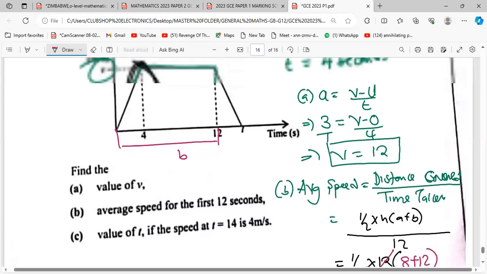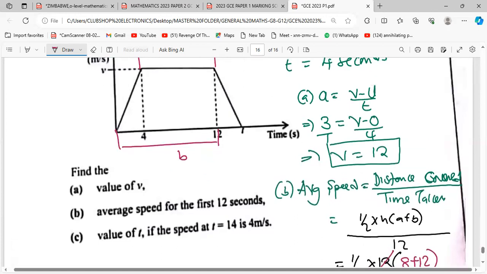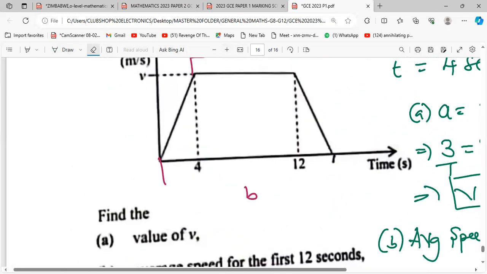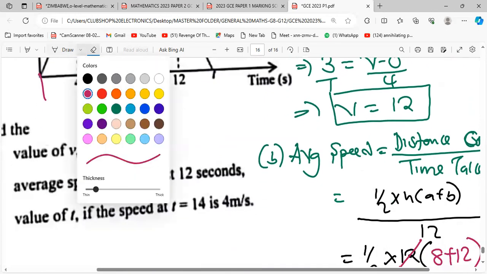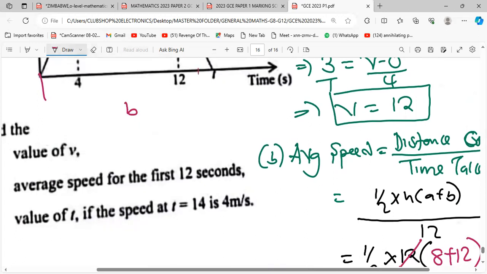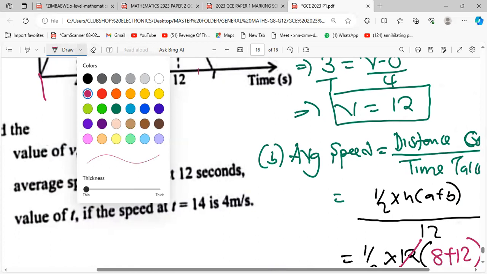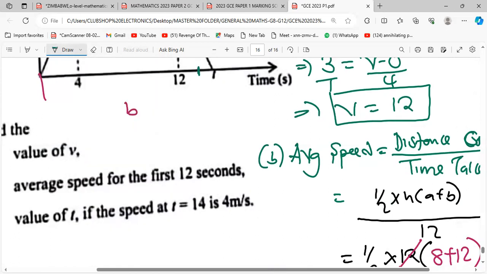Now, find the value of t, if the speed at t is equal to 14 is 4 meters per second. What they are saying is that if you have got some time here, then maybe it is 14.